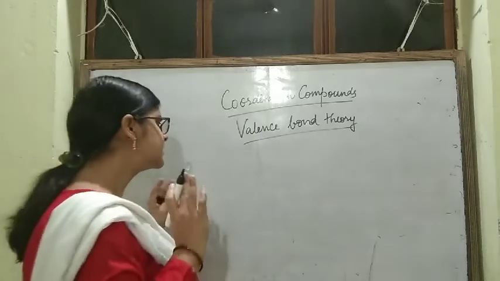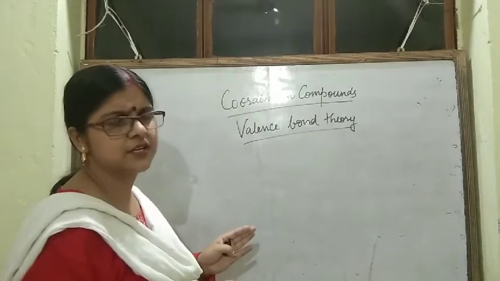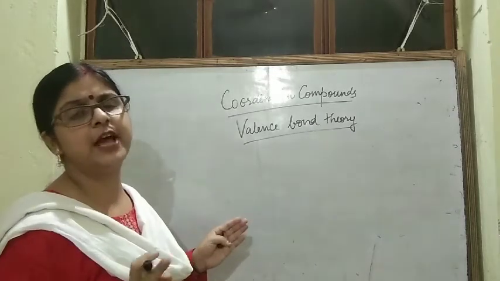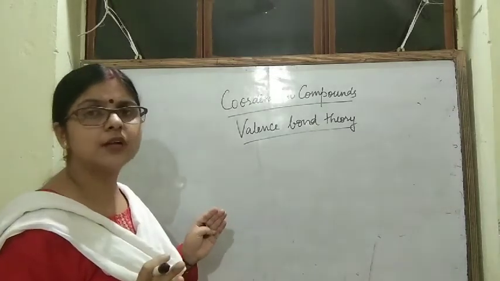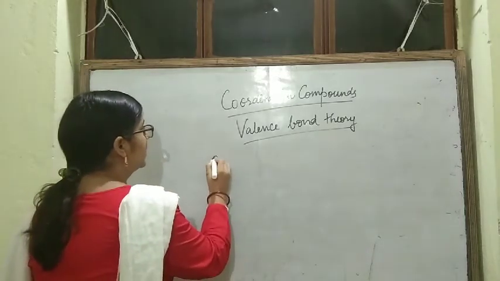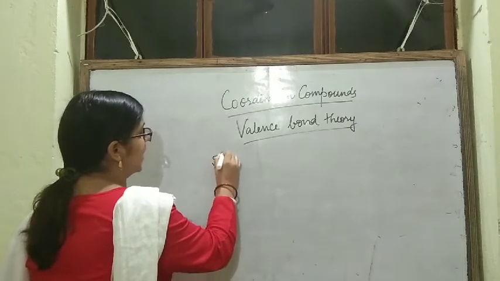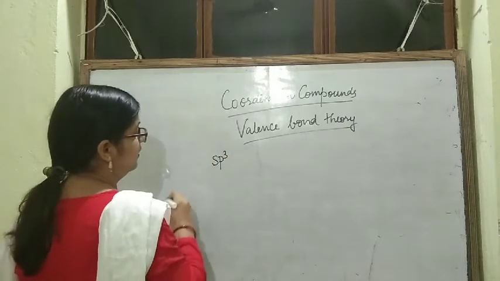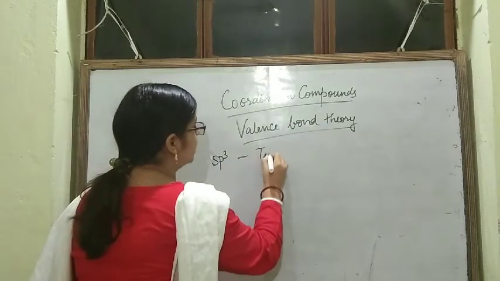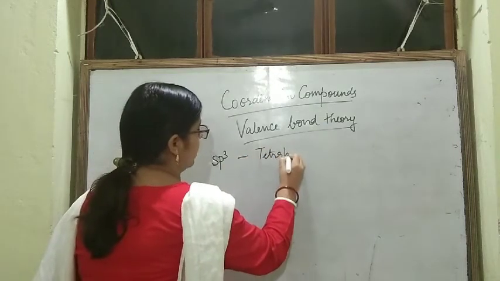Let us first discuss how we can determine the geometry from the state of hybridization. If the state of hybridization is sp3, then the geometry of the complex will be tetrahedral.